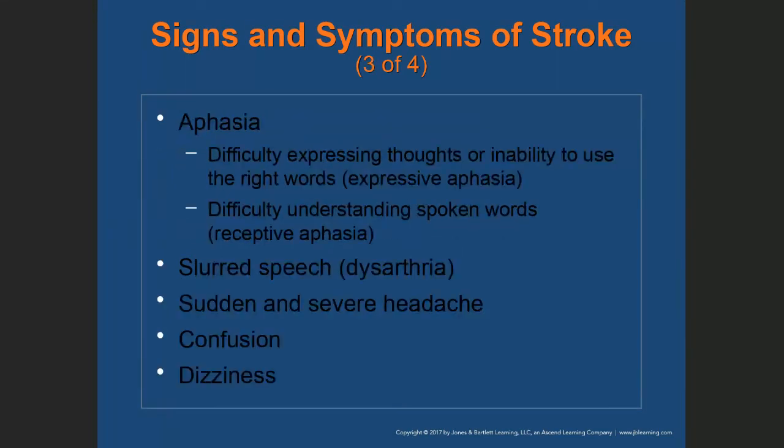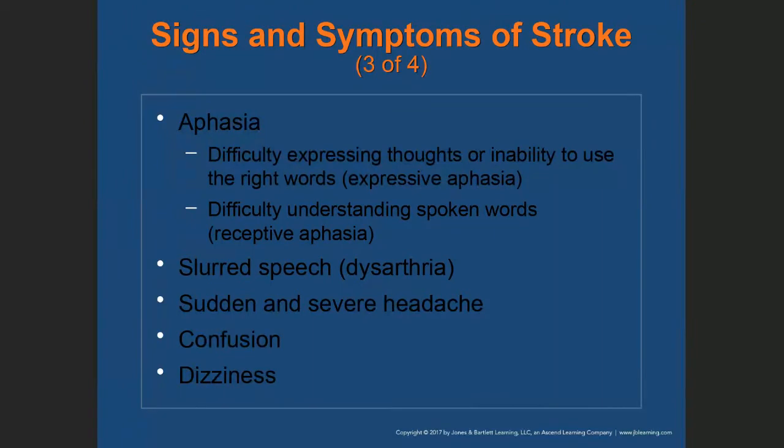Now, aphasia: they may have difficulty expressing thoughts or inability to use the right words. That's expressive aphasia, right? So they are communicating, but the right words are not coming out.